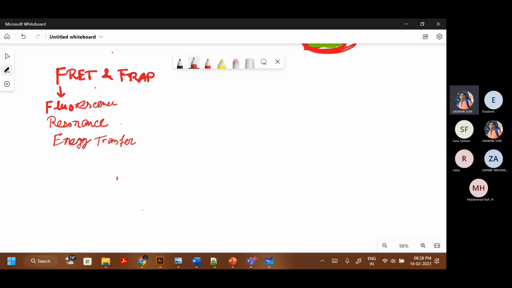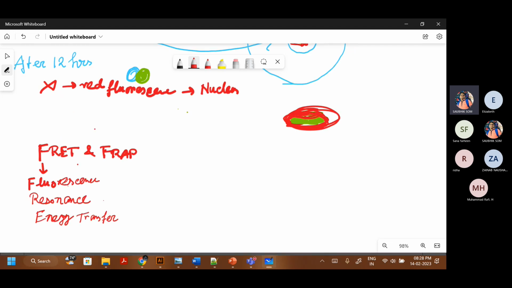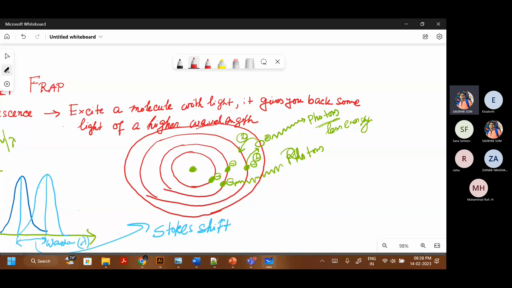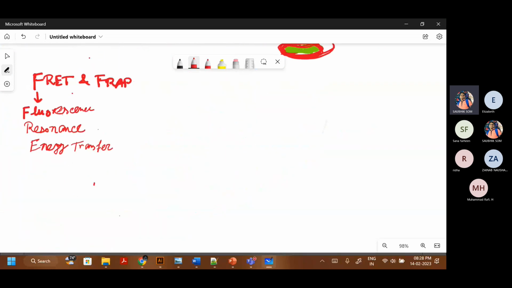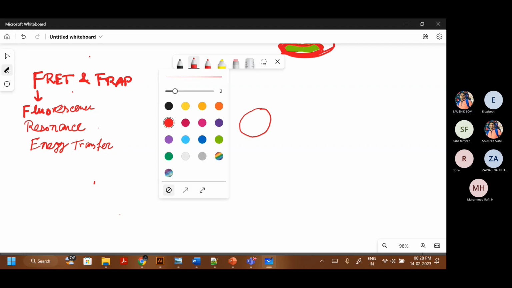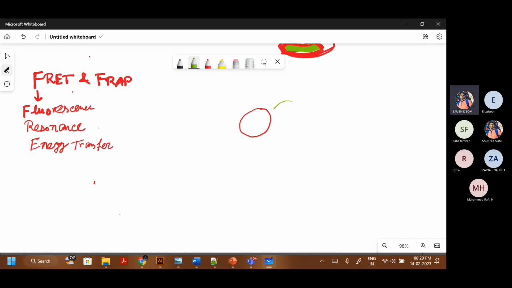Now I have told you that during fluorescence, it has to give some energy, right? Now think of two molecules very close to each other. One molecule is here, which gives me the red fluorescence, and another molecule is here, which gives me the green fluorescence.